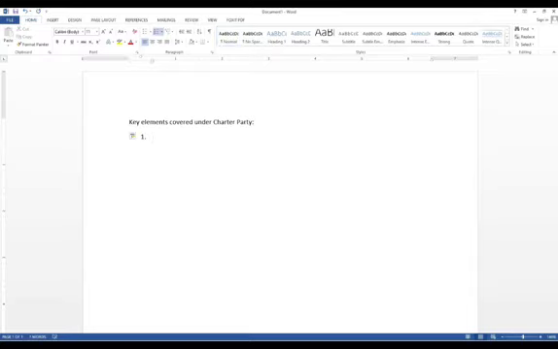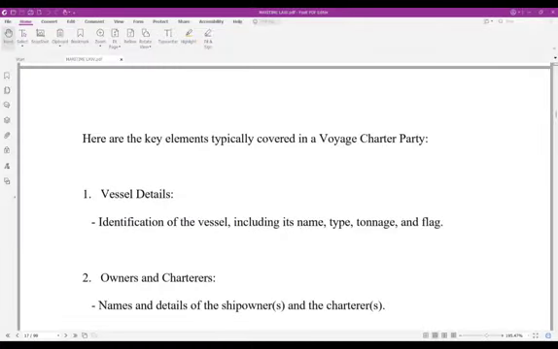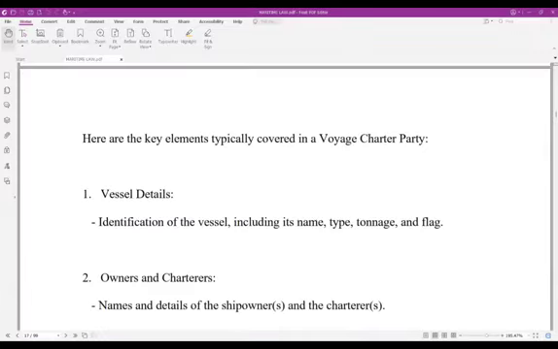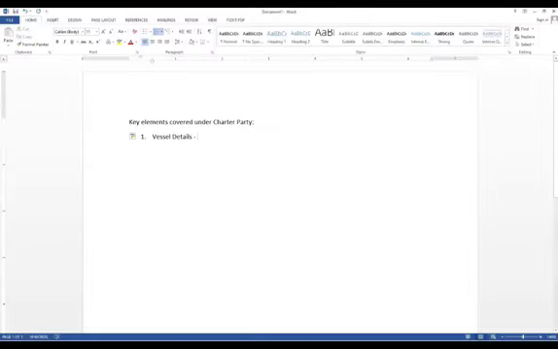First one here is vessel details. Here it talks about identification of vessel, the name, the type.